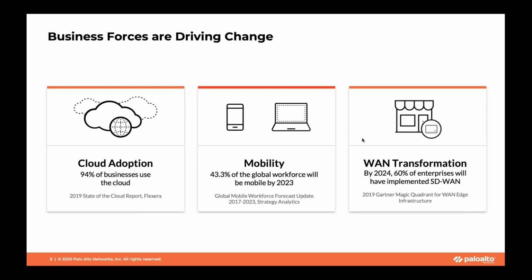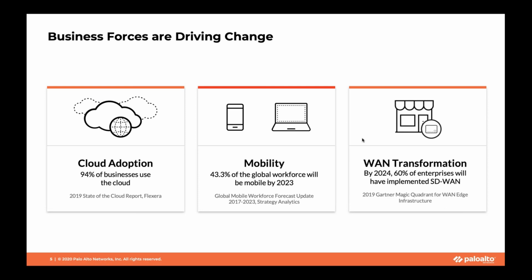On the other hand, we see that users are becoming more and more mobile, and they're also working from multiple devices. They're working from different locations like airports. And now with what we see with Corona, of course, we see that a lot of people are working from home. If in the past 5% was working from home, now almost 100% is working from home.